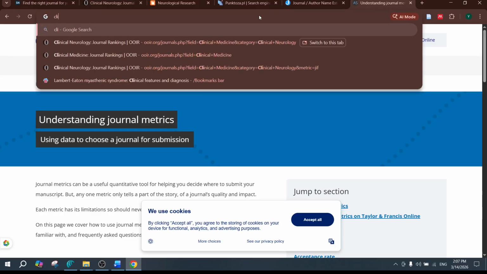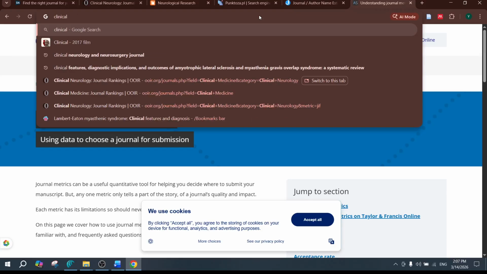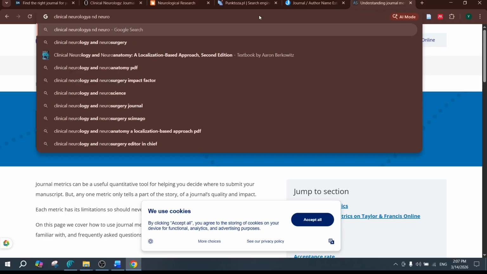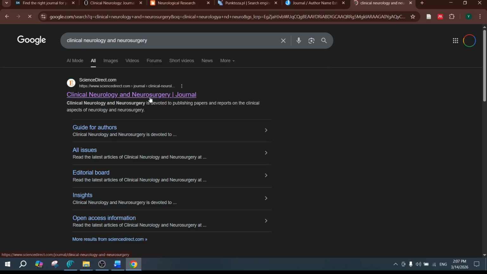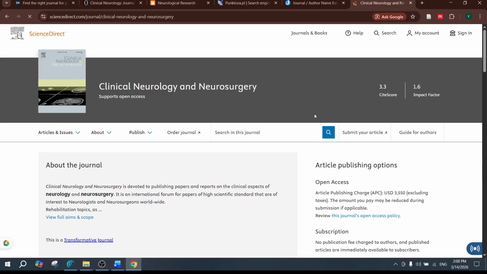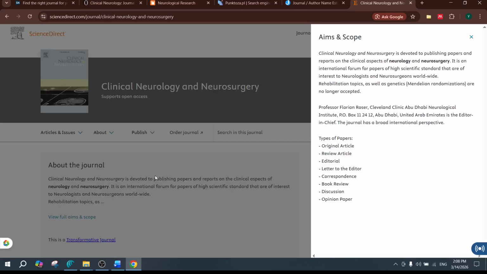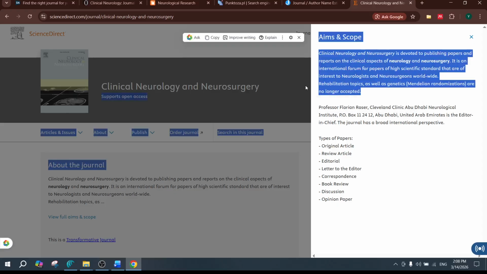Let's see another journal, for example, the Clinical Neurology and Neurosurgery journal. We got an experience with this journal specifically, and that's why I'm telling you to read the aim and the scope of the journal, because as you can read right now, rehabilitation topics as well as genetics are no longer accepted.